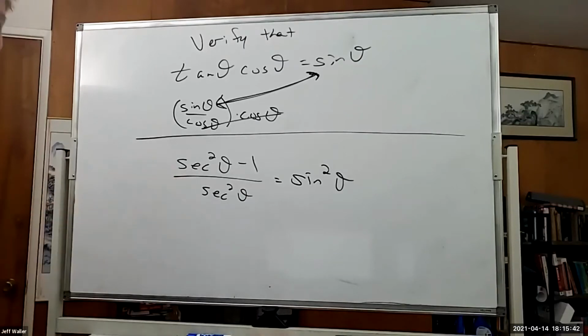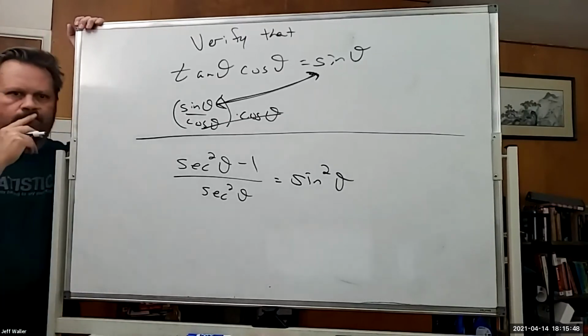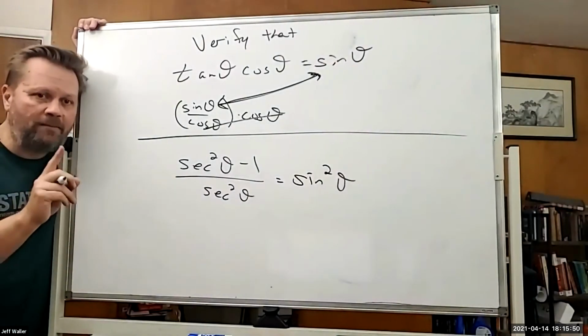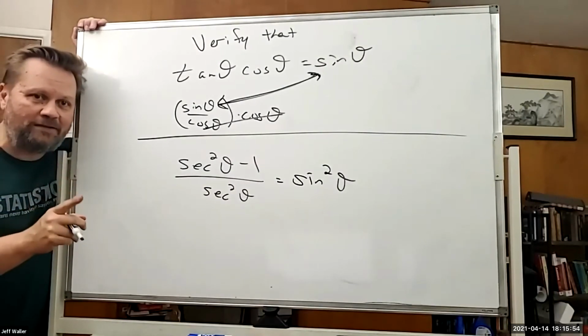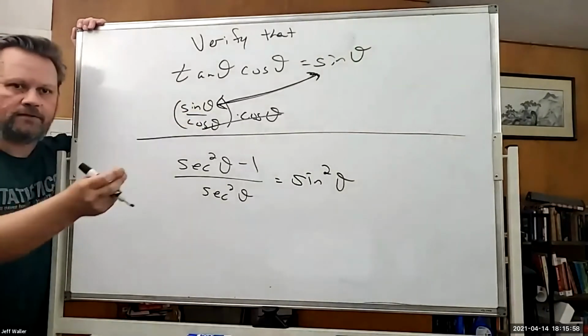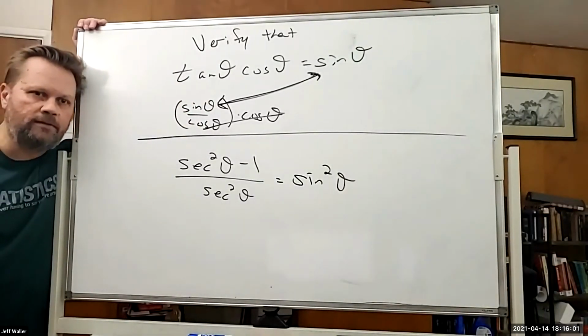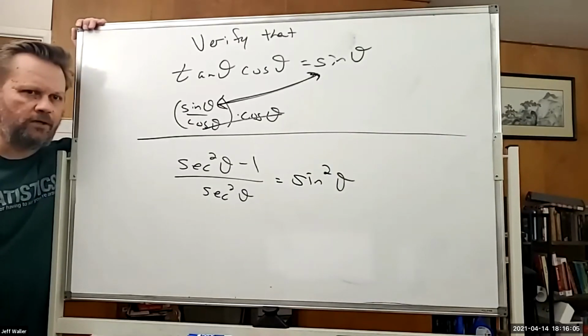This one's going to be pretty straightforward, though, I think. Let's see what you guys think. I highly recommend that you do not rewrite everything in terms of sine and cosine. You're going to see what I mean. You normally actually don't do this immediately. Sometimes it gives you more work. This one's pretty straightforward.